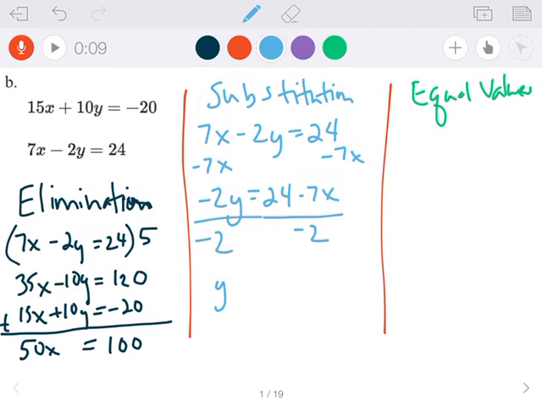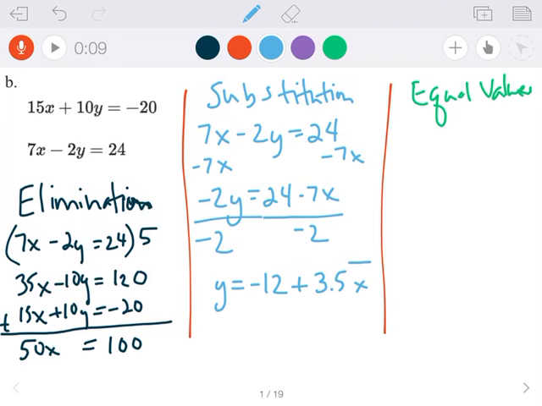So I'm left with y equals 24 divided by -2 is -12. And -7 divided by -2 is positive 7/2, or half of 7, which is 3.5x. Now, that's only rearranging 1 equation.